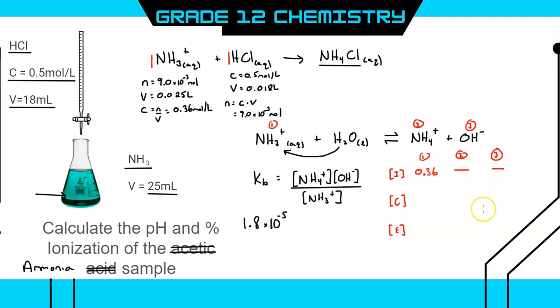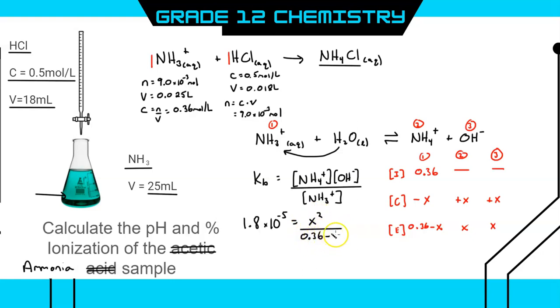And we don't have an initial concentration here. But then there's going to be a change. This is all a nice 1-to-1 ratio. So what these two gain, whatever that is, X, this will lose. So our equilibrium concentration for ammonia is 0.36 minus X. And then ammonium and hydroxide will be X.